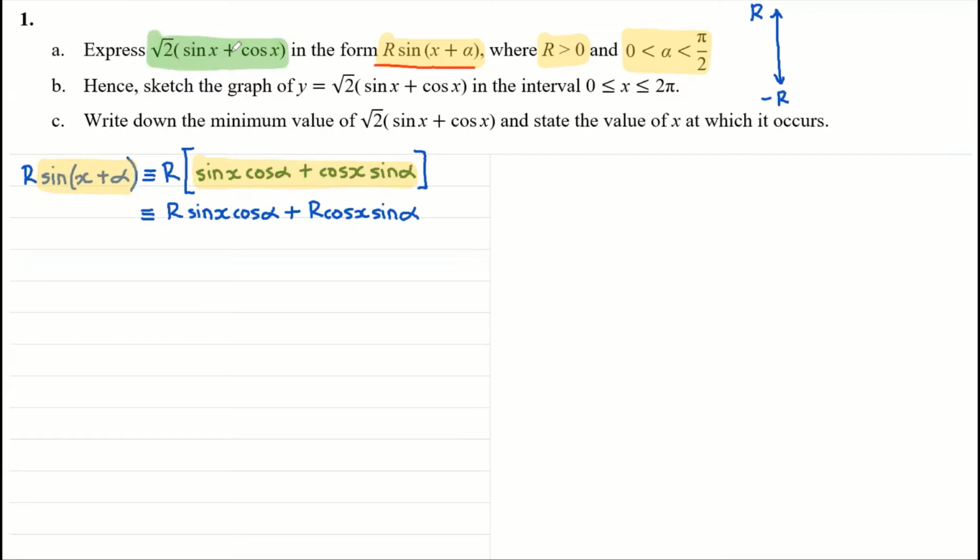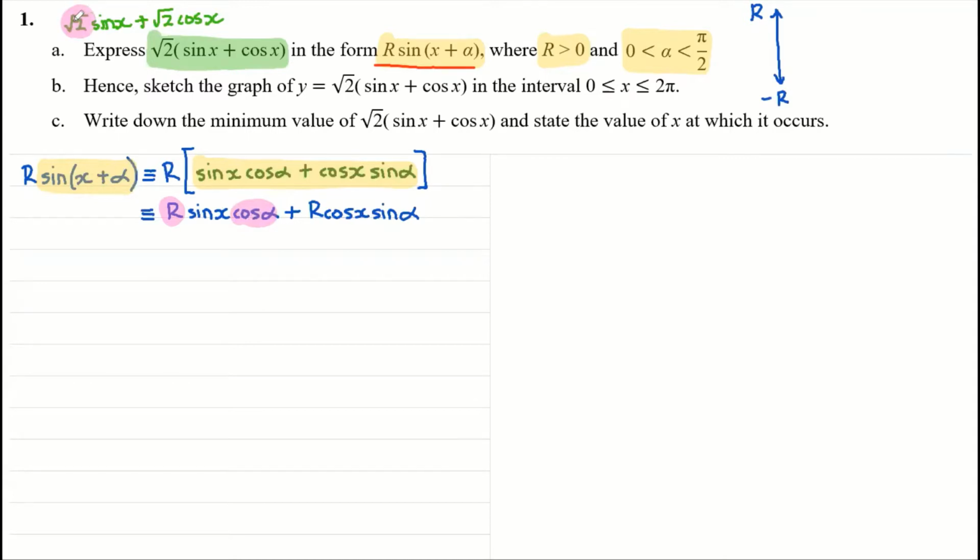I can quite easily just rewrite that as root 2 sine x, let's do it up here, added to root 2 cos x. That's all it means. So that means that if I equate the coefficients, so I'll do this in a different color so it stands out a bit more, that means that r and cos alpha for the sine x term must correspond to the root 2 that I've just written here.